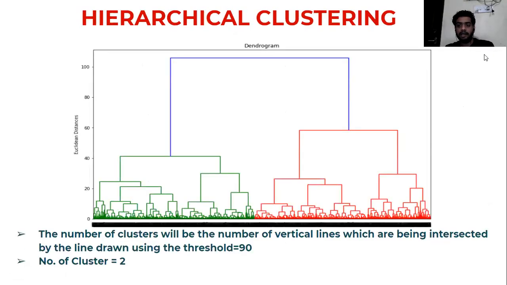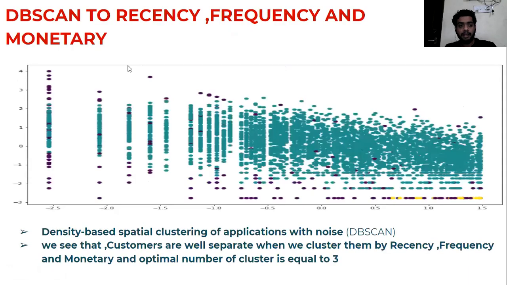So next is our hierarchical clustering. Here we see the dendrogram, and the number of clusters will be the number of vertical lines intersected by the line drawn using the threshold point 90, and the number of clusters we get is 2. And we perform DBSCAN, that is density based spatial clustering of applications with noise, on recency, frequency, and monetary.